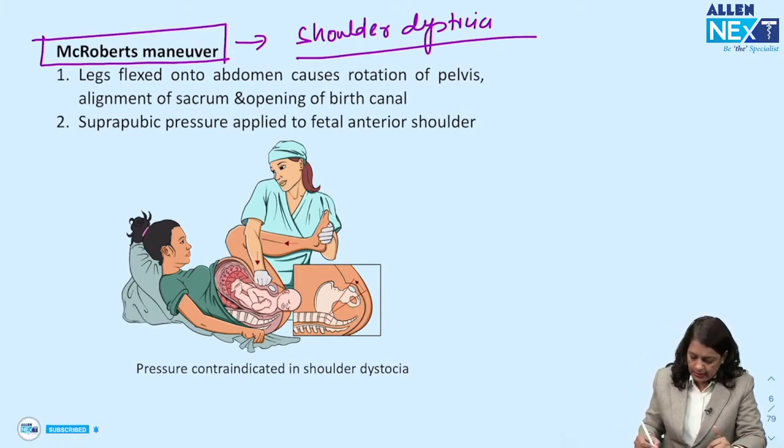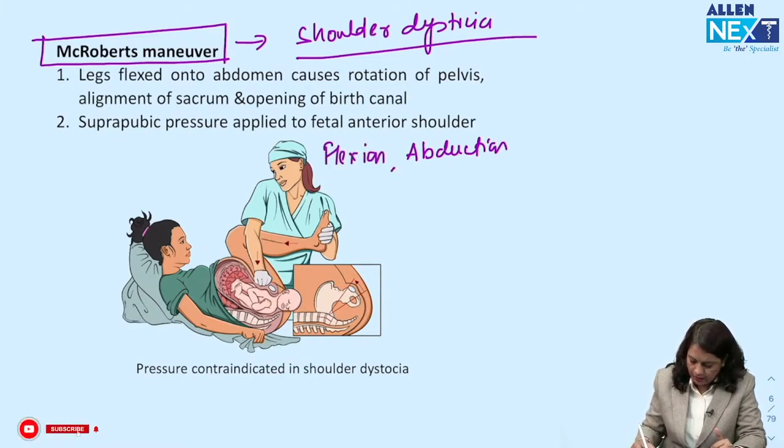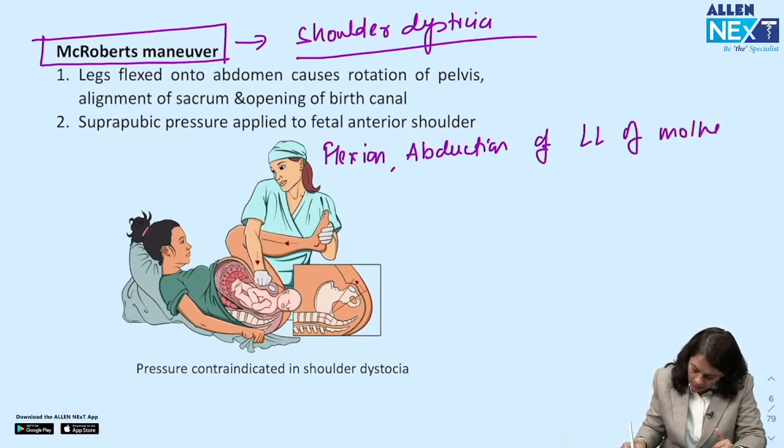Okay, so in this case there is abduction and flexion of the lower limb of the mother.